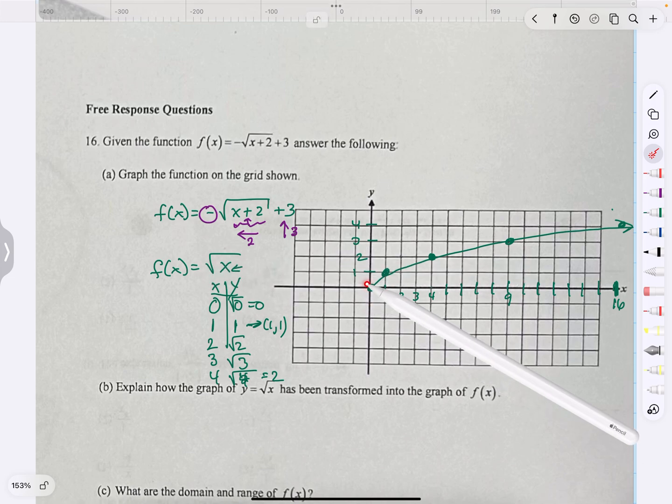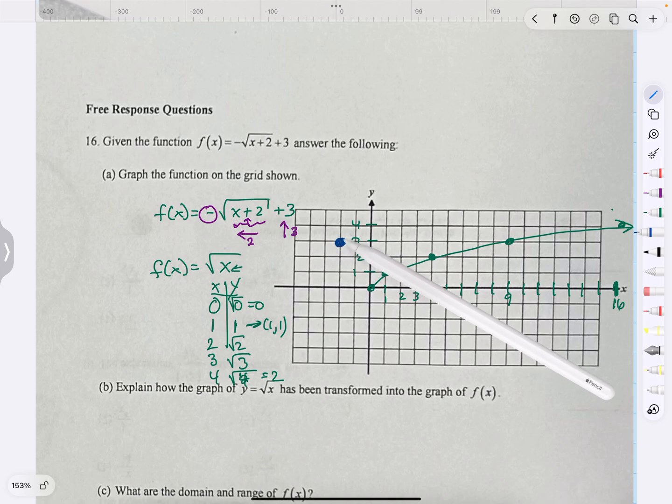This point right here, when I flip it upside down over the x-axis, stays right there. Then it's going to shift left by 2, and then shift up by 3. So there's where this new point's going to be. So I'm going to put one at -2, 3, and there is that point.